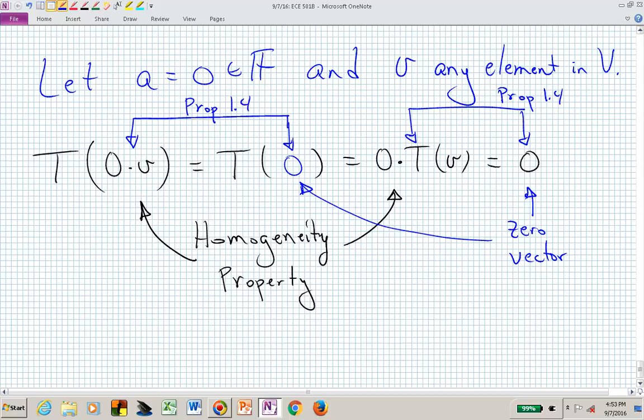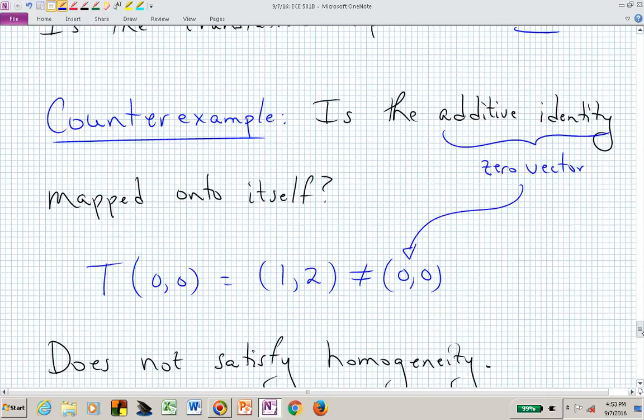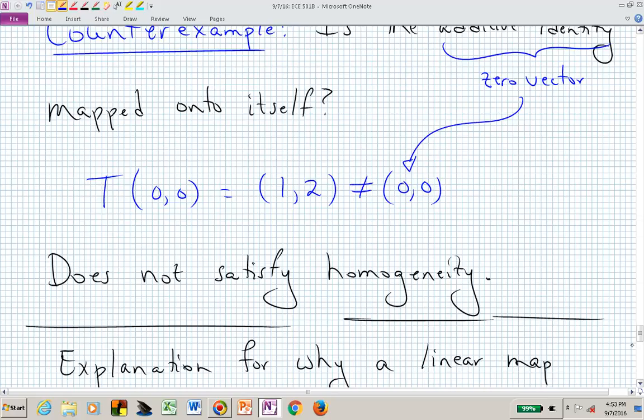That string of equalities tells us that if we have a linear map and we apply it to the additive identity, it better give us back the 0 vector. And that did not happen with this translation map, did it? We started with the 0 vector, and it did not give us the 0 vector out. It gave us 1, 2.